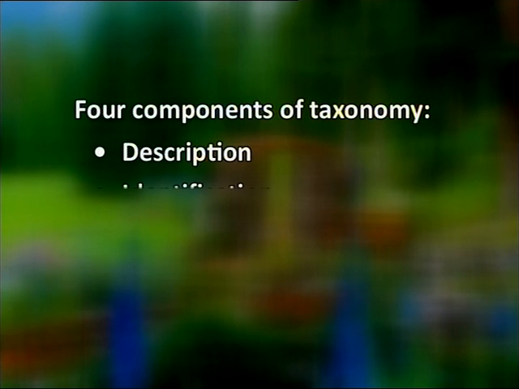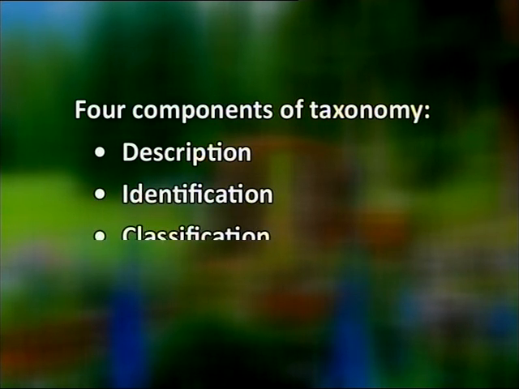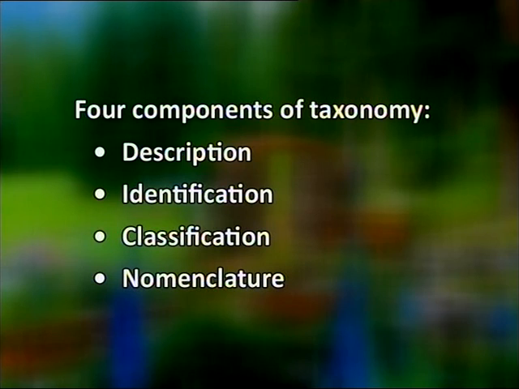There are four components of taxonomy, that is description, identification, classification and nomenclature. The description of a taxon is a statement of its attributes and characteristics and is obtained from the thorough and careful examination, observation and study of the plants.